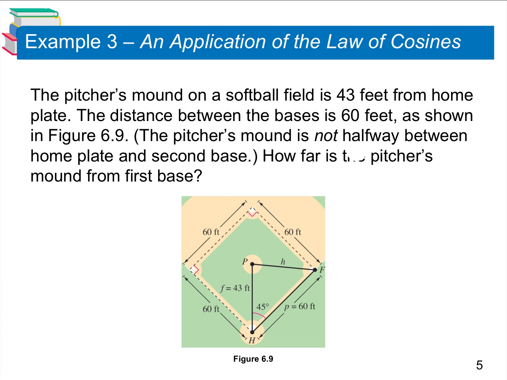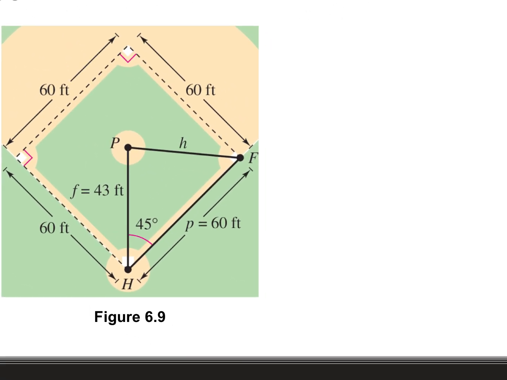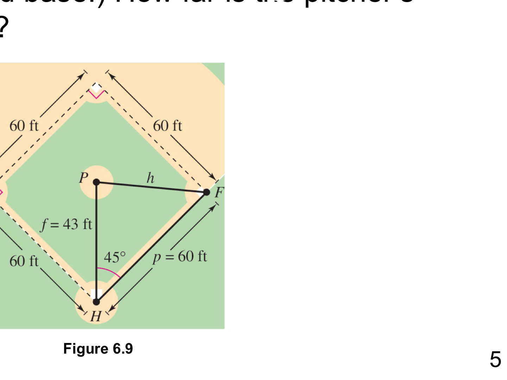All right, example 3. The pitcher's mound on a softball field is 43 feet from home plate. The distance between the bases is 60 feet as shown in figure 6.9. The pitcher's mound is not halfway between home plate and second base. How far is the pitcher's mound from first base? So we are looking for H here. What would I need to do to find H?